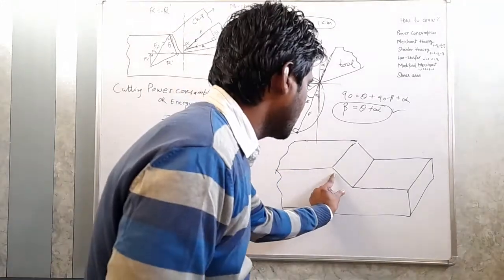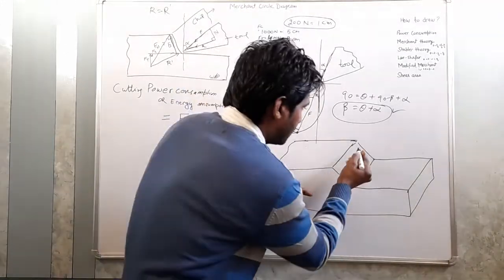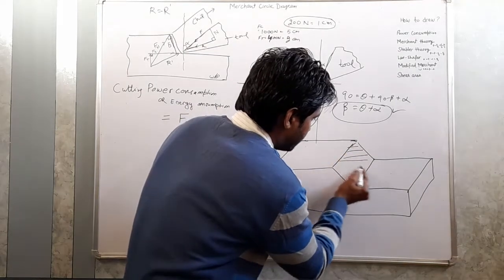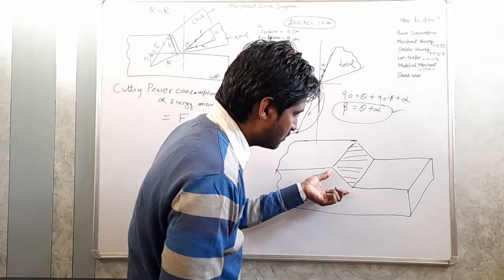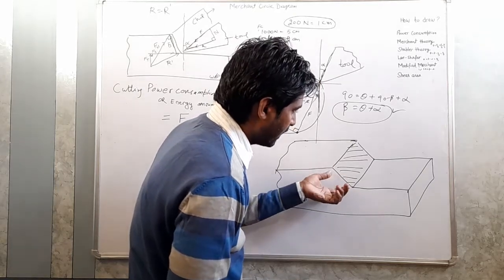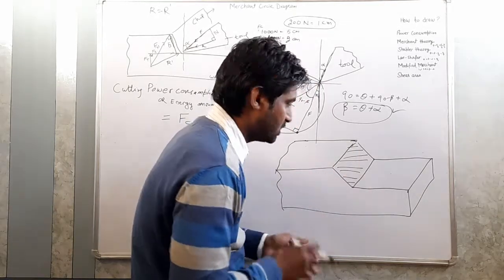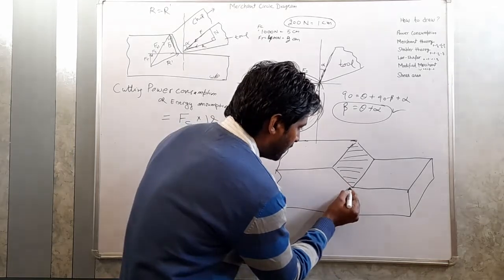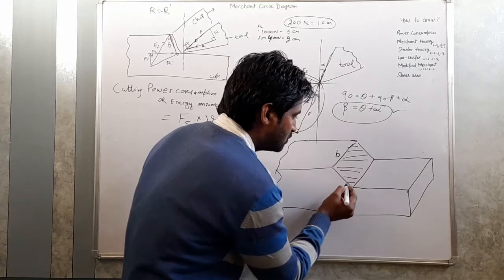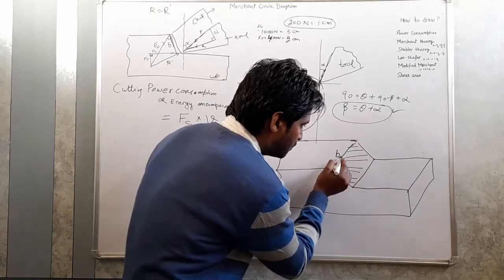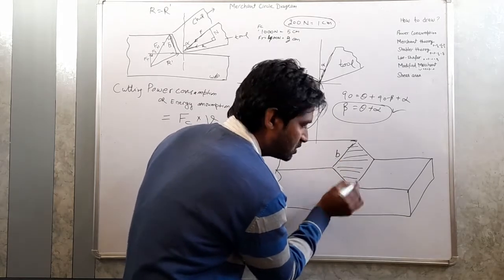So this area is the shear area. As you know, this is the shear plane, and the area along this plane will be the shear area. How to calculate this area? Suppose the width is B, and this width into this length will be the shear area.